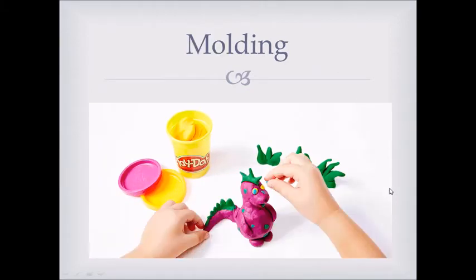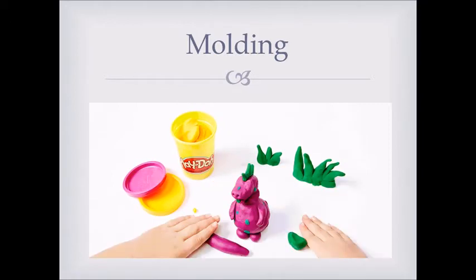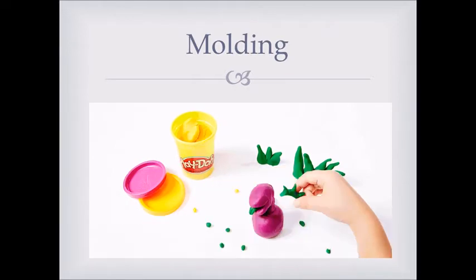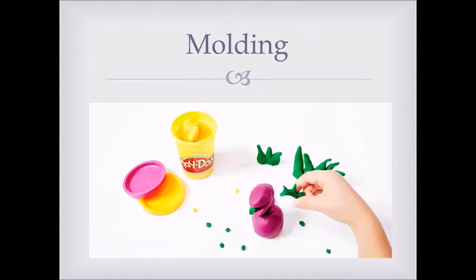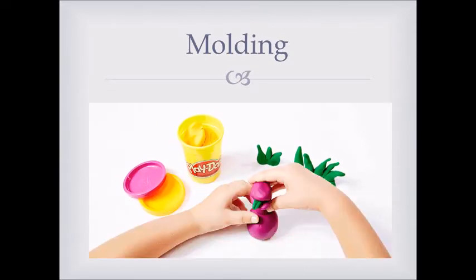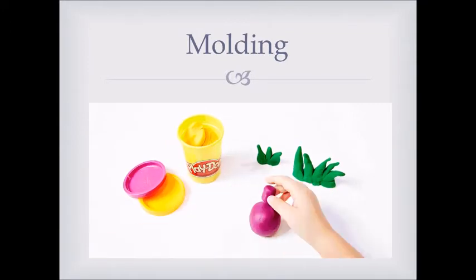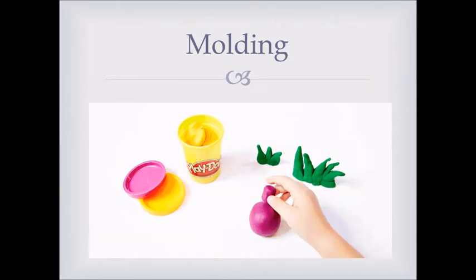Molding. We can make different shapes with Play-Doh, any shape you want, and at the end you'll have Play-Doh. It's not going to become something different, something else. So because we started with a kind of matter and we ended up with the same kind of matter but a different shape, different size, we say this is a physical change.